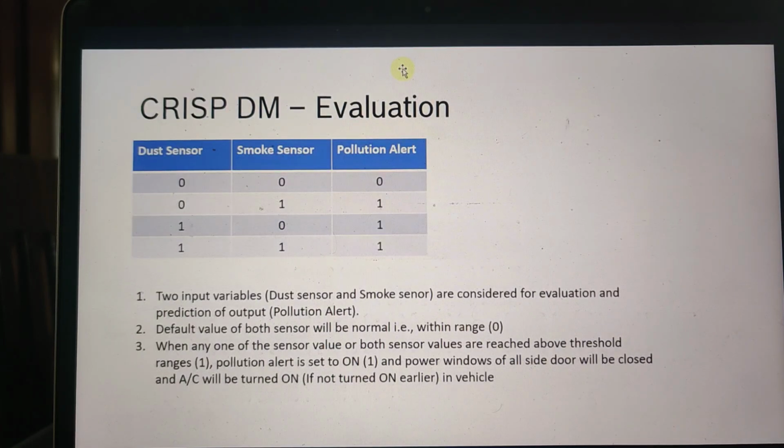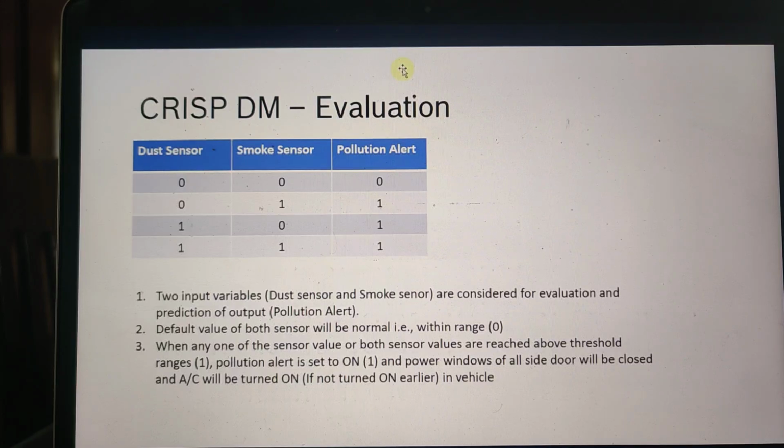The next one is the evaluation. This is my logic in predicting the pollution alert. When both the sensors are 0, it means the sensor values, the environmental readings the sensor is reading, are under the threshold. In those cases I considered 0, so my pollution alert will be 0.